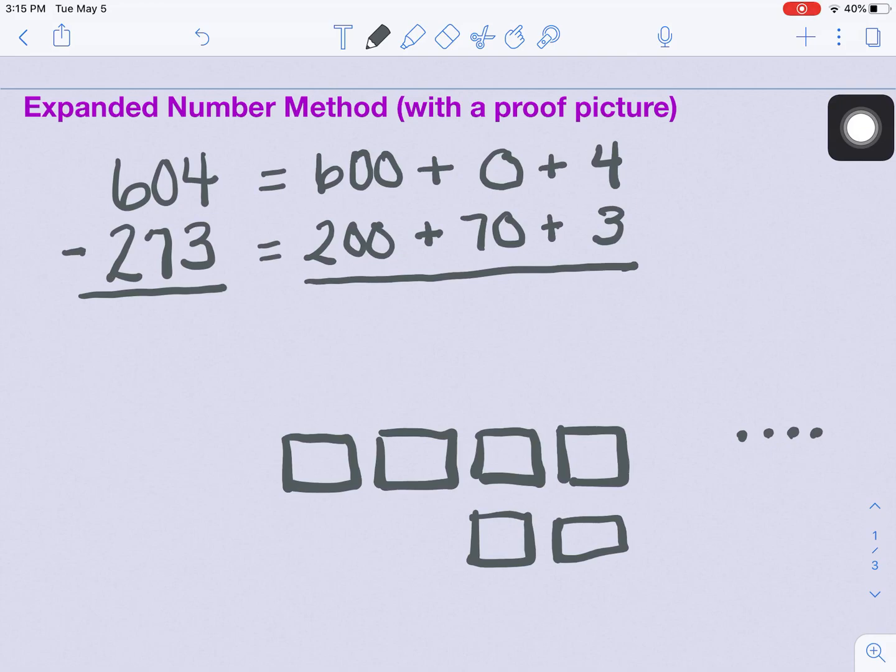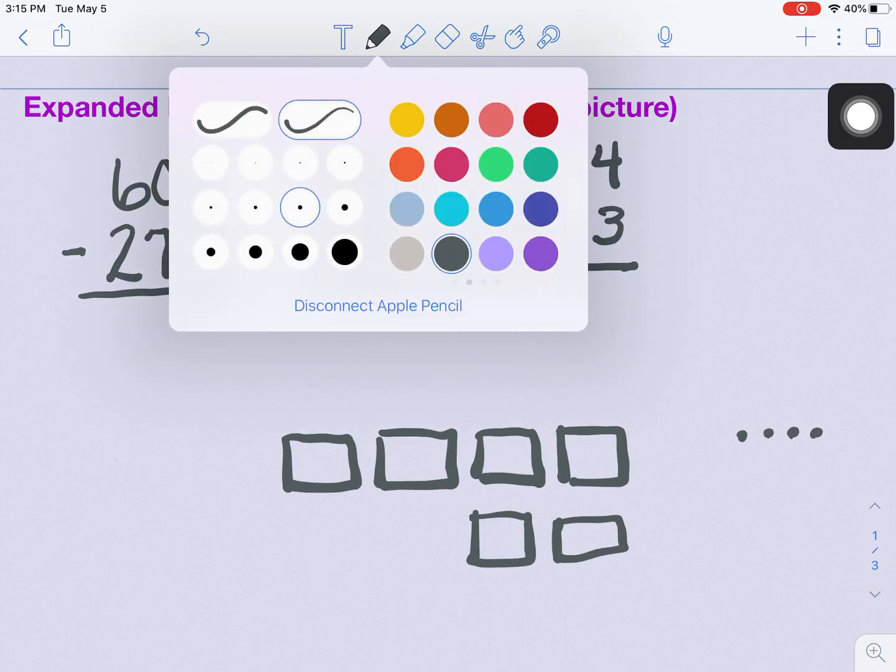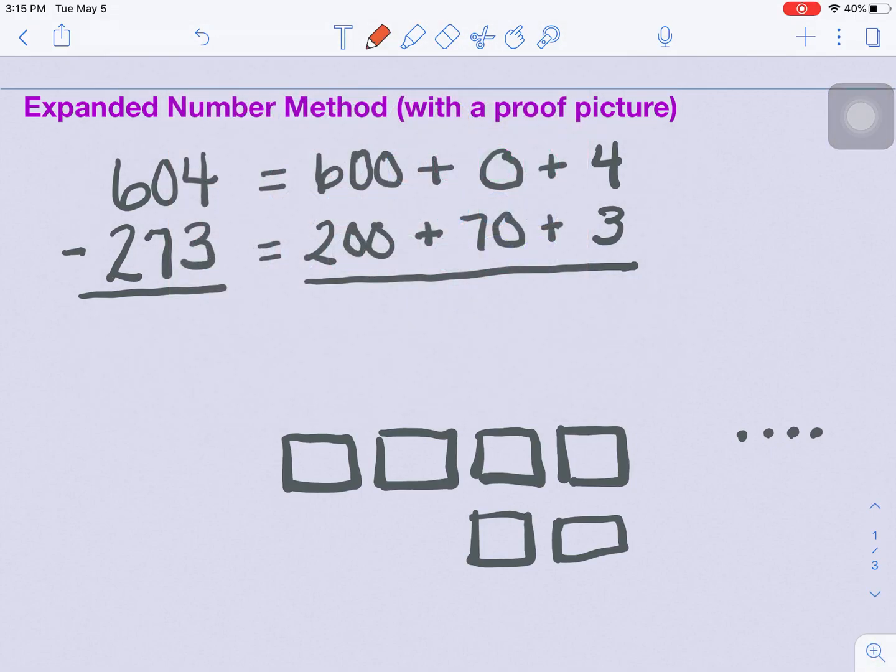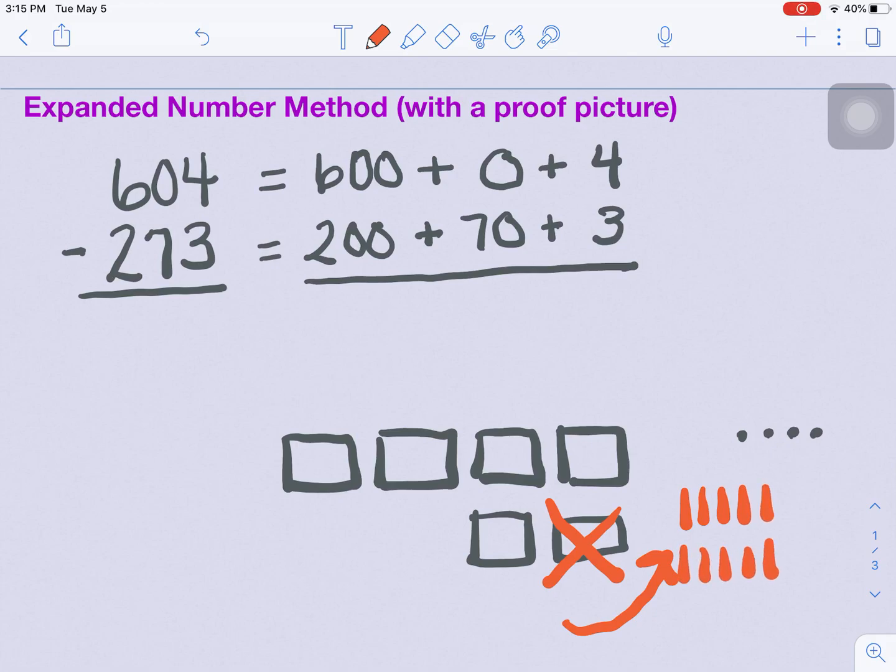But do I need to ungroup 10 tens? In this case, yes. I have 0 tens and I have to take 7 tens, or 70, away. So I'm going to ungroup one of my hundreds to make my 10 tens. Now I want to make sure that my equation matches my proof picture.